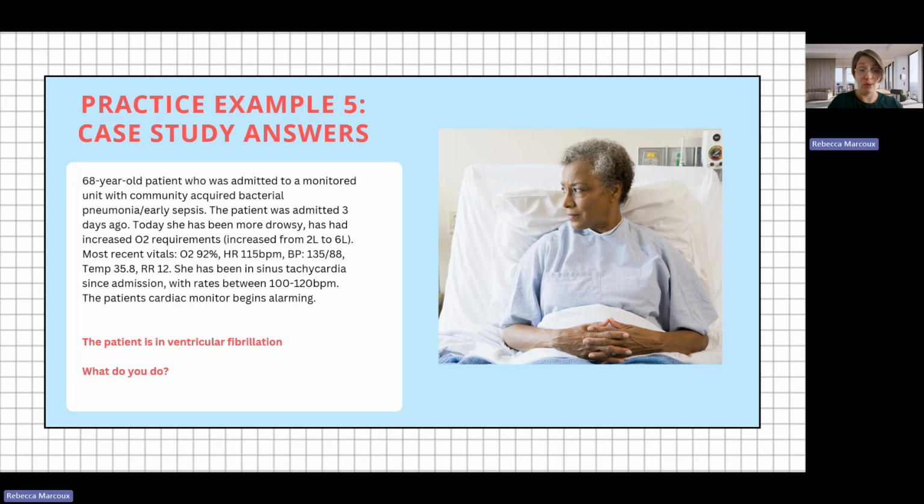You still want to do all the normal code stuff. Give epinephrine Q3 to 5 minutes. Try and do your bag valve mask with an oropharyngeal airway, or if you have a physician or RT present that can intubate. But the difference is really here, defibrillation and the IV antiarrhythmic, whether it be amio or lidocaine.